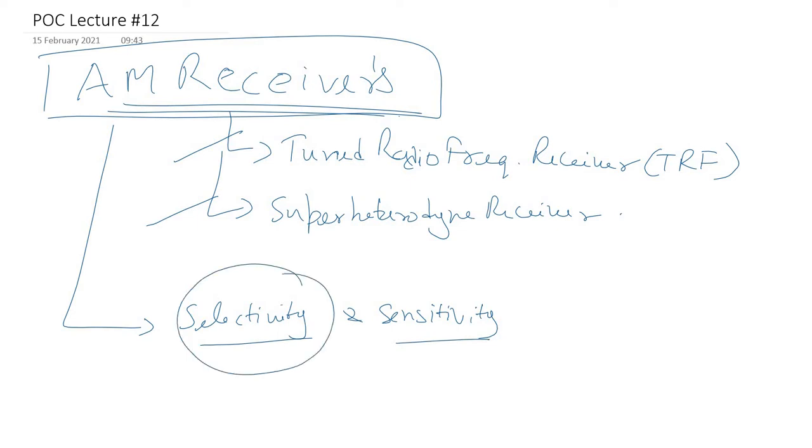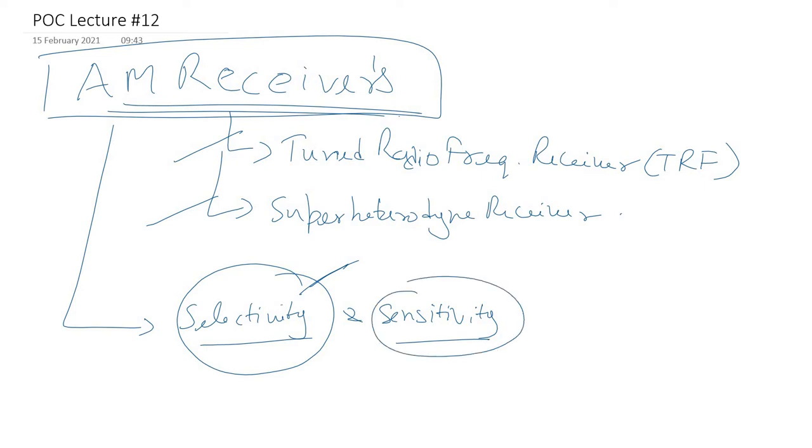By selectivity we mean that the receiver is receiving multiple signals having different frequency components and different power levels, and it has to select the desired signal out of that. So the ability to select the desired signal out of the multiple received signals is your selectivity.